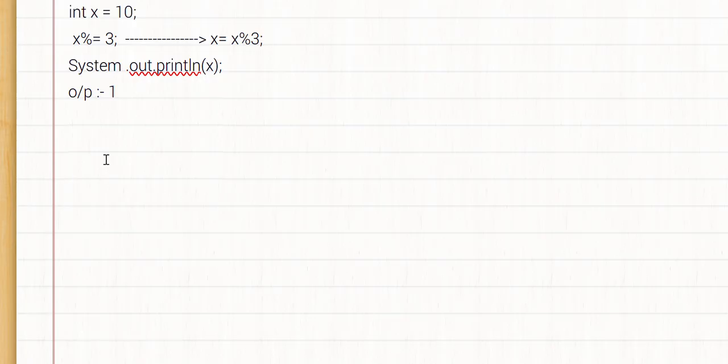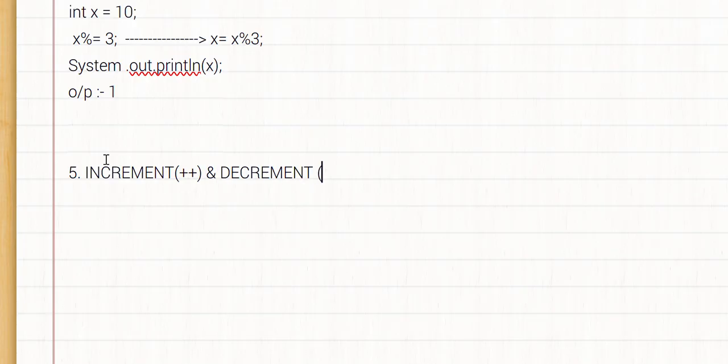It's increment and decrement. It's our fifth topic. So increment means you'll get 2 pluses.